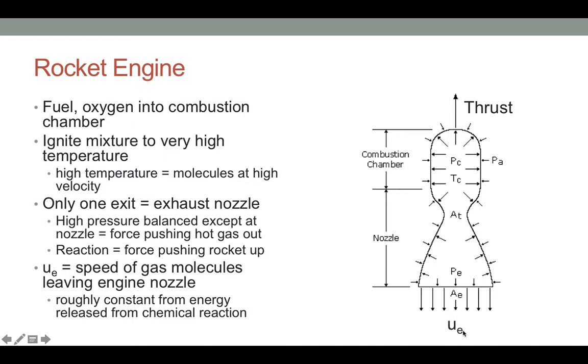And this is what we're going to consider. The u_e is the speed that the gas molecules leaving the rocket engine have. That will come from the chemical reaction that takes place in the combustion chamber. For our purposes, this is just a number you look up depending upon what type of fuel you're burning. Are you burning kerosene? Are you burning hydrogen?